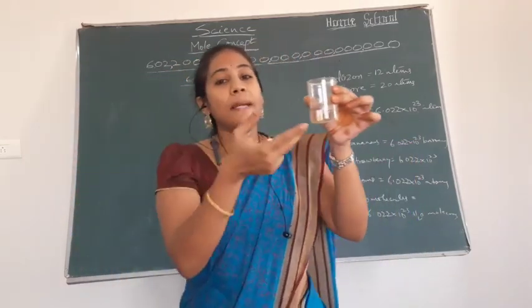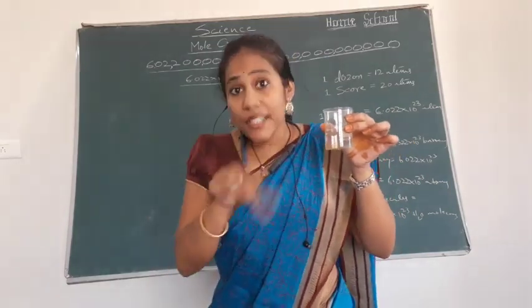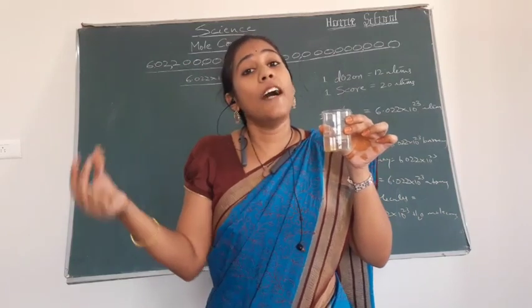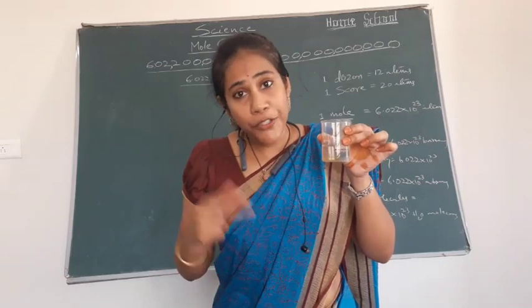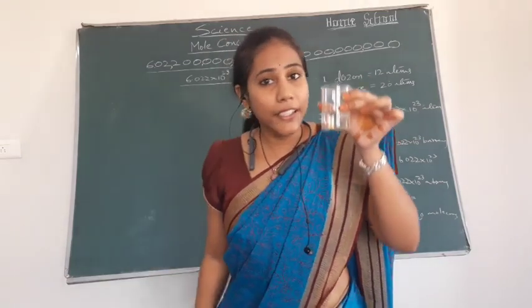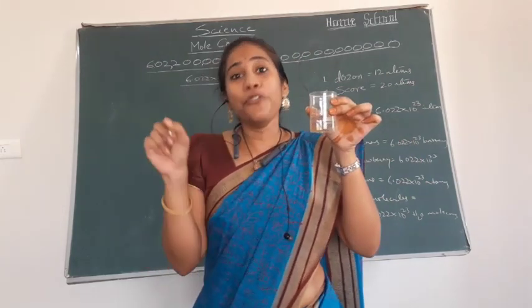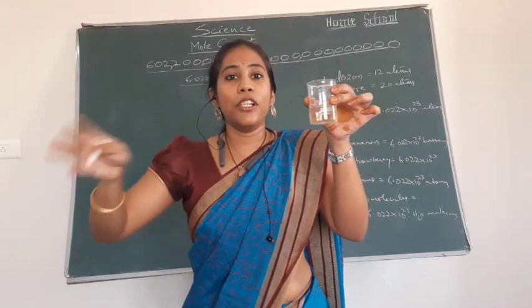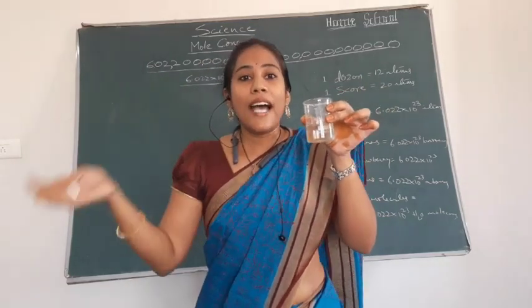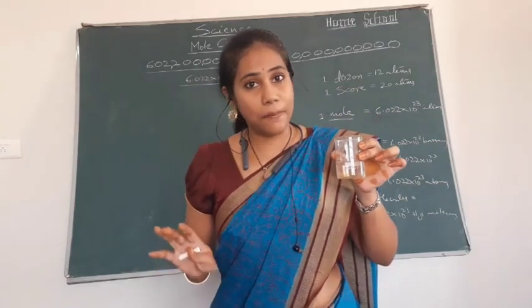Say we have 50 ml of water. How many water molecules are there? Or how many oxygen atoms? Or how many hydrogen atoms? Or how many moles? Once you know the moles, you can calculate all these things. So that's why mole is used for calculations of such type.